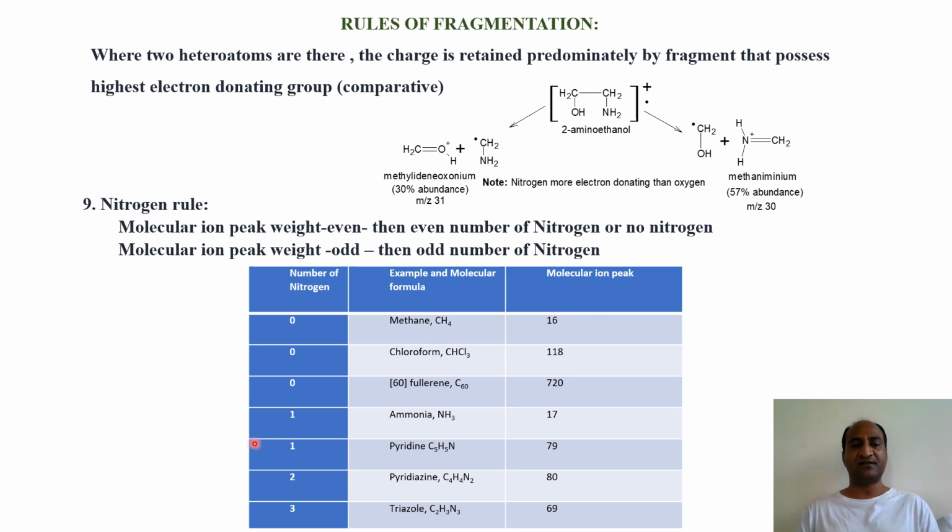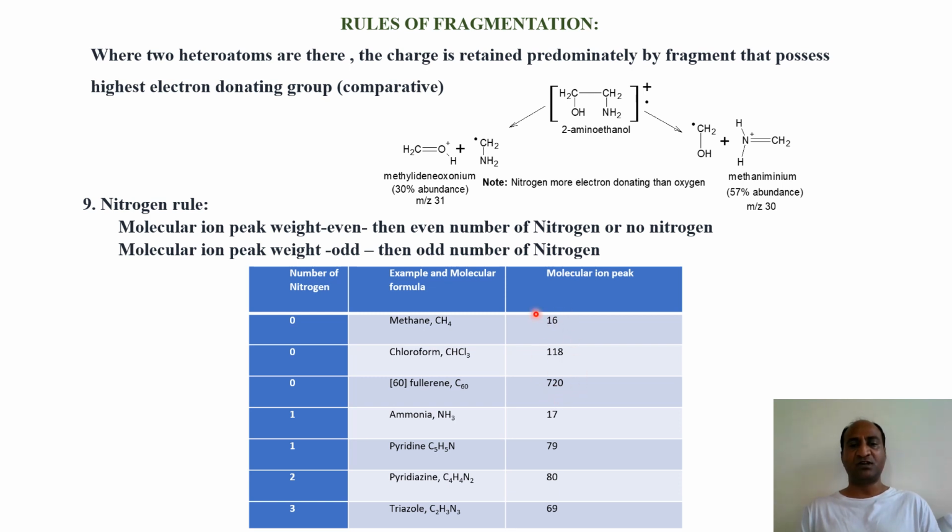You can see here in this table, the number of nitrogens is 0 in the case of methane, chloroform and C60 fullerene, there is no nitrogen in these structures. So according to the nitrogen rule, the molecular weight should be an even number. So you can see 16, 118 and 720, these are even numbers.